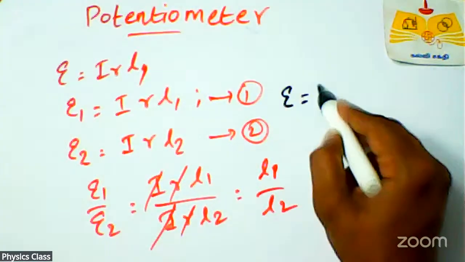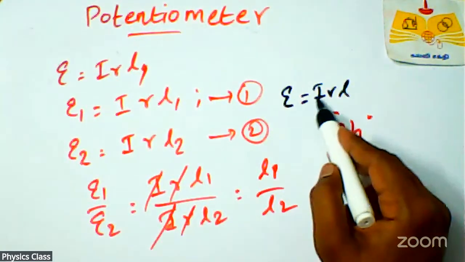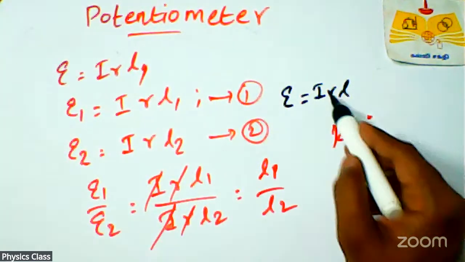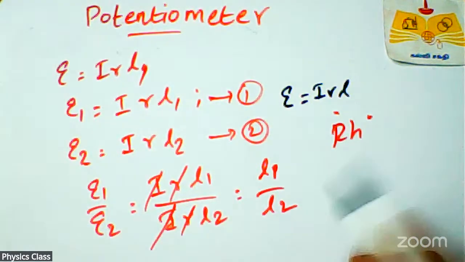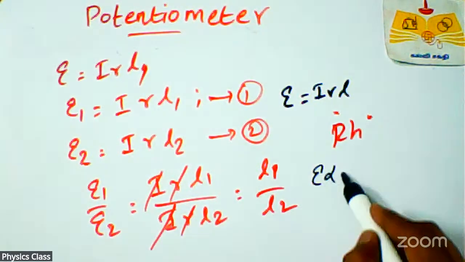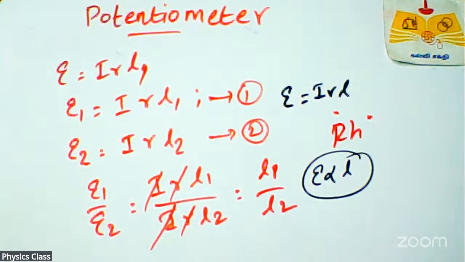The current is constant and the resistance of the same wire is constant, but L will change. So E is directly proportional to L; this is the principle behind the potentiometer. Length increases, EMF increases; length decreases, EMF decreases.